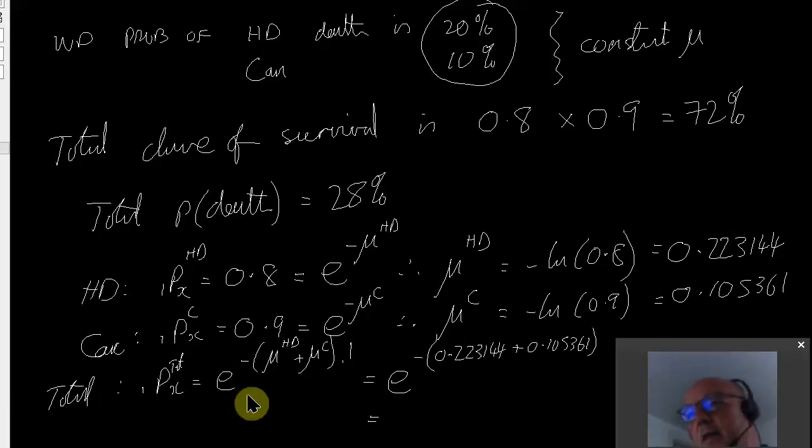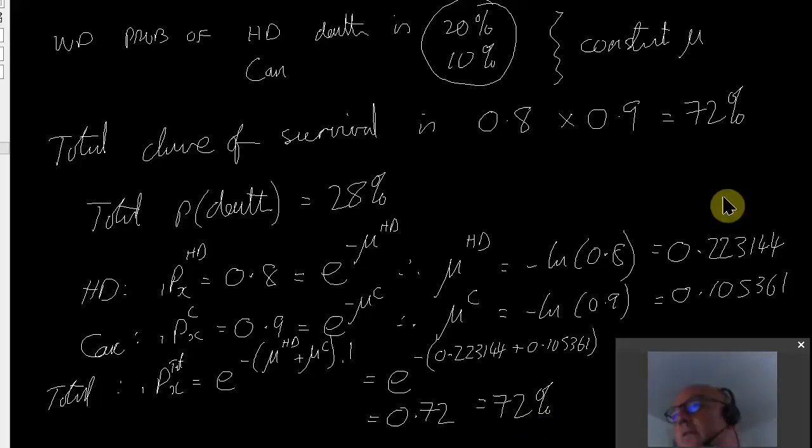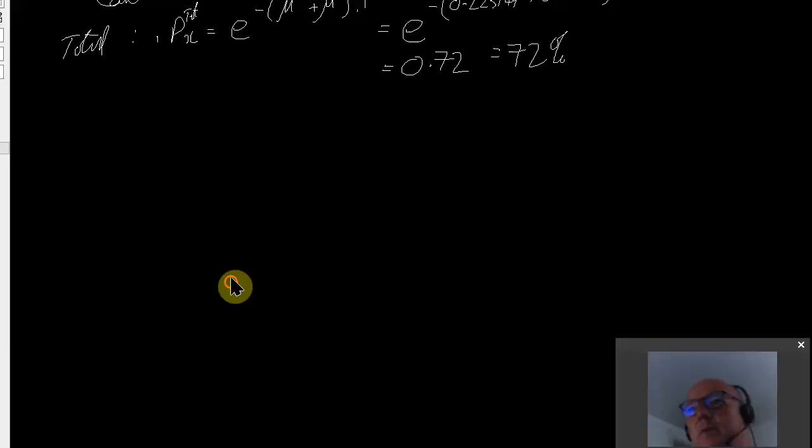But we've done this by looking at the constant force of mortality. So to show that the forces of mortality are additive, and this thing extends. The other great thing about force of mortality is it extends into variable force of mortality as well.